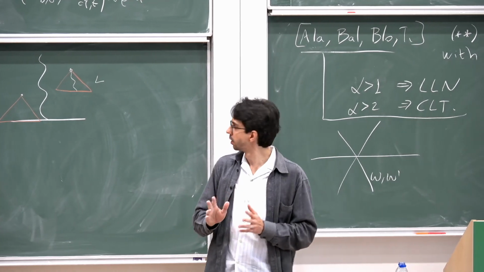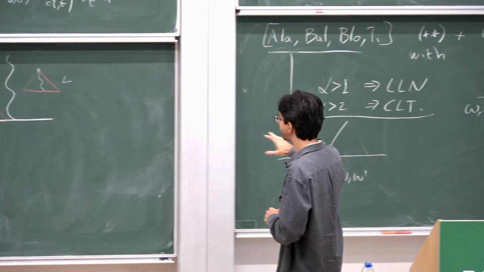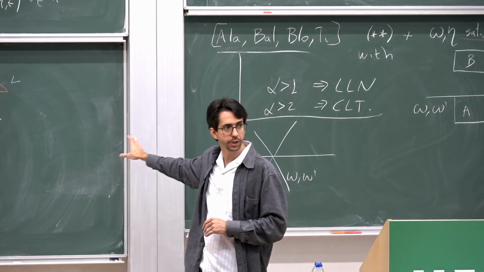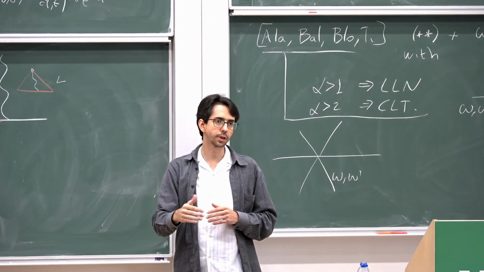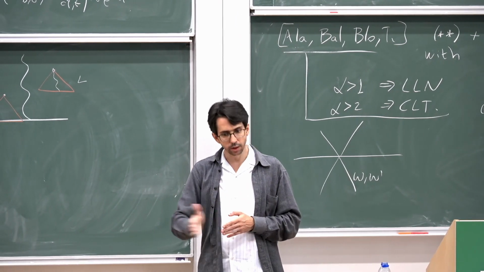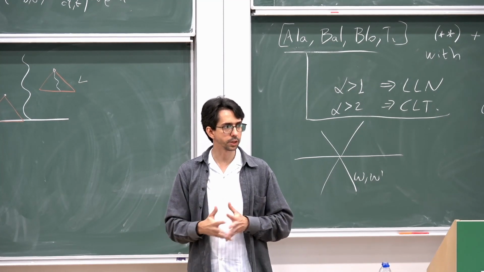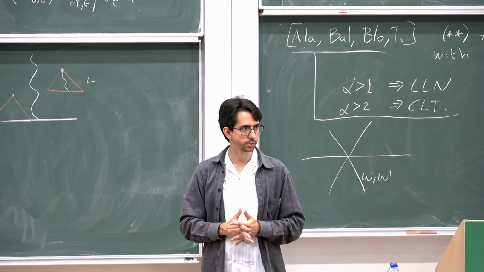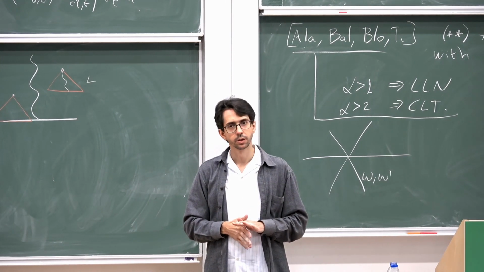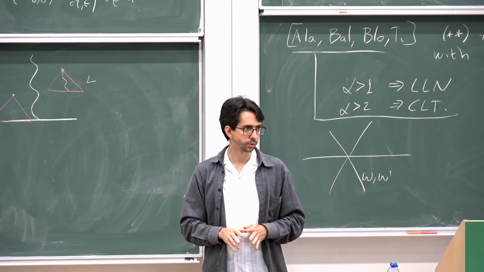Of course, the concentration cannot be much better than the alpha there. If your environment is alpha dependent, you can deviate from your law of large numbers with probability about 1 over r to the alpha, and this is proved.